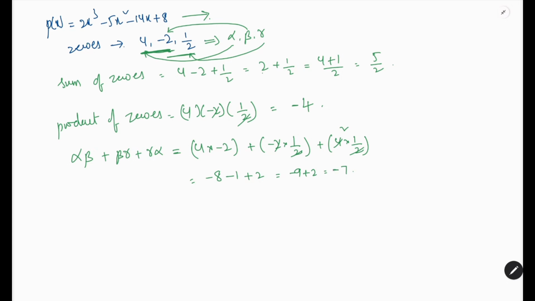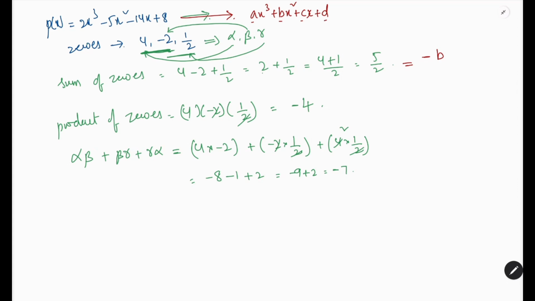If you see this, the sum of the zeros, 5, is written as minus of b. Take this in the form of ax cube plus bx square plus cx plus d. a is the coefficient of x cube, b is the coefficient of x square, c is the coefficient of x and d is the constant term.